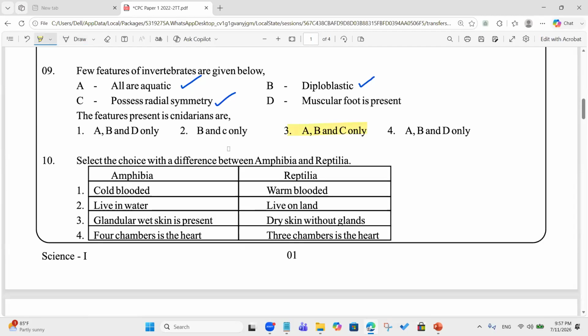Select the choice with the difference between Amphibia and Reptilia. Third answer. Amphibia: glandular wet skin is present. Reptilia: dry skin without glands. Okay, tell me why.